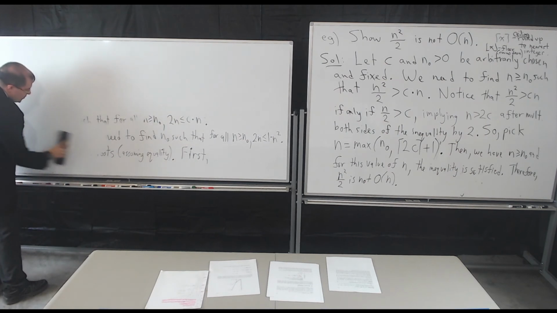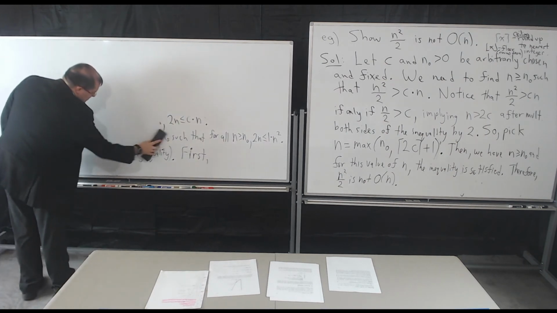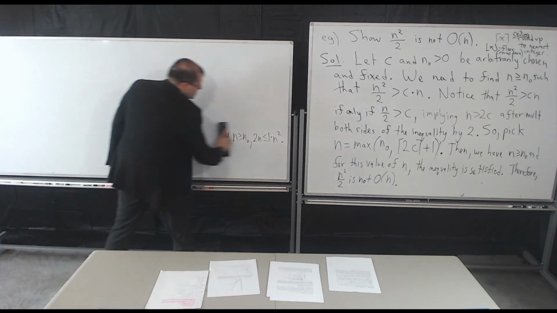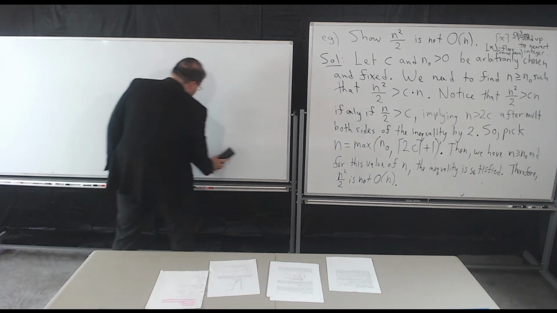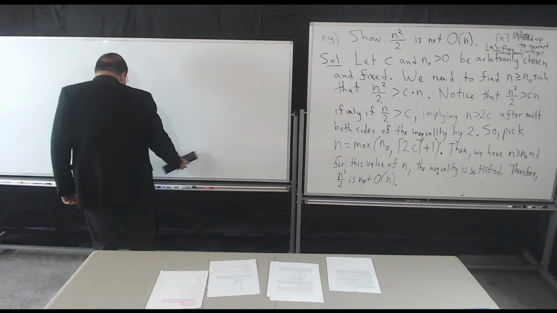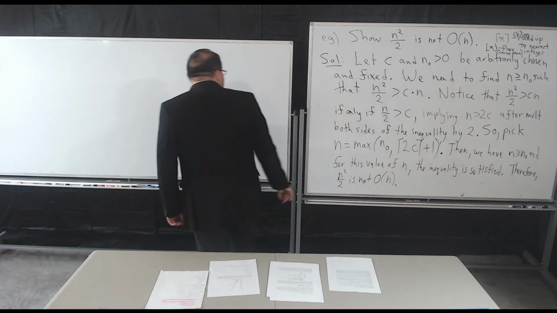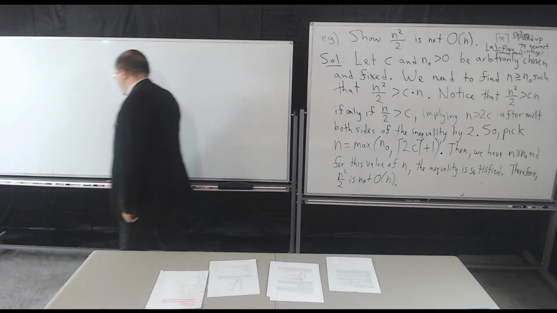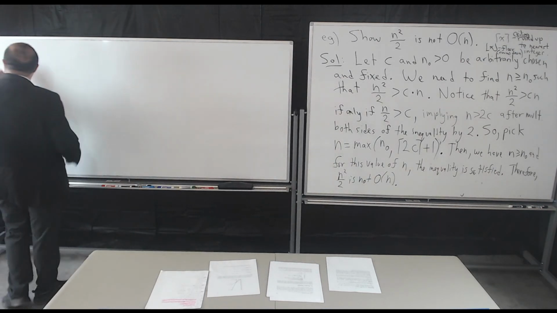But don't worry about that. So the whole game plan is I find that n such that it satisfies this inequality no matter what c and n0 are. Now, here's what the second approach is.